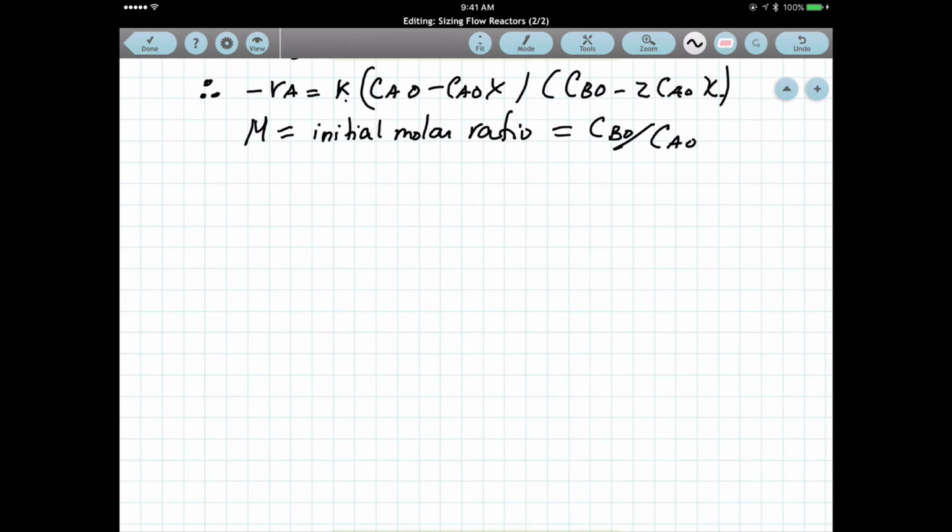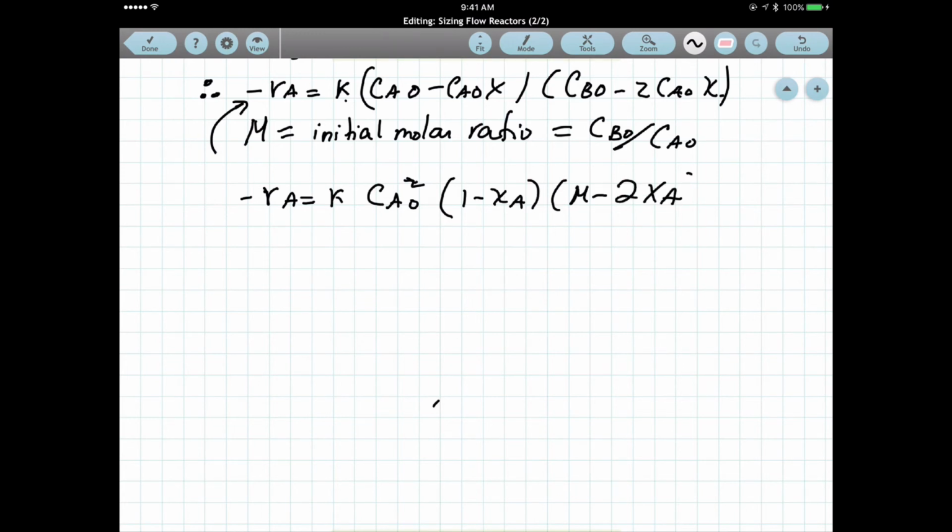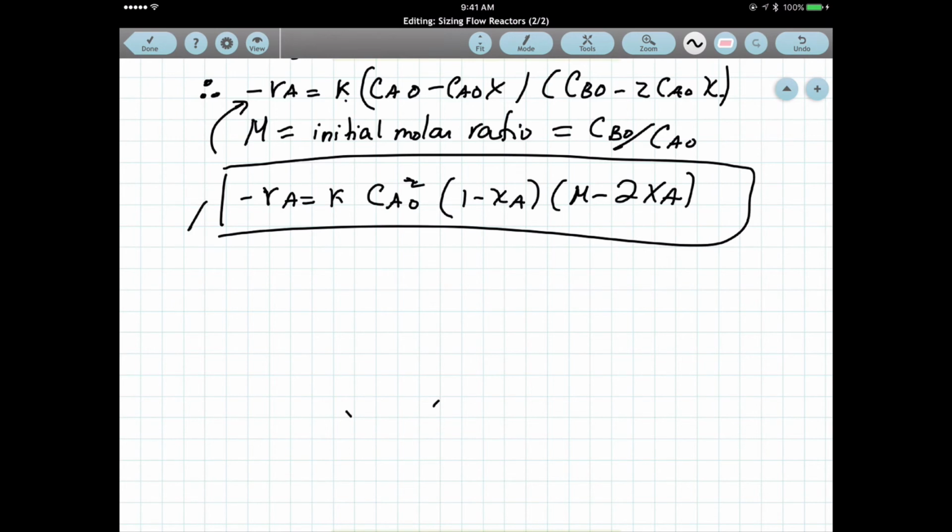Rearranging and substituting the value of M into the equation that we have here, we end up having an expression for the rate of consumption of A just in terms of the conversion of the limiting reactant. This is the expression that you will be substituting in the differential form, depending on the reaction we're working.